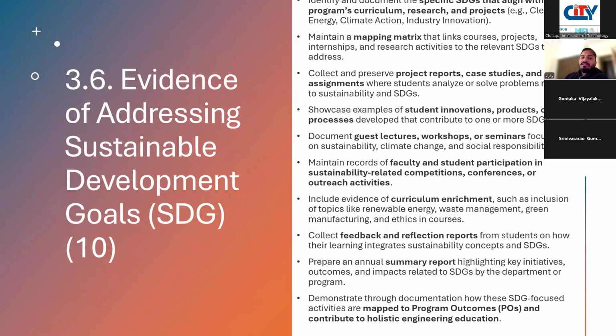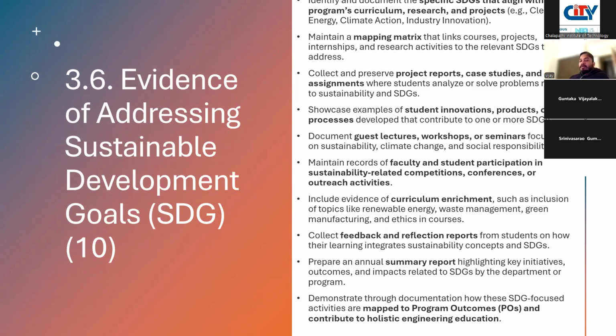Then evidence of addressing sustainable development goals. See your project work, internships, seminars, industrial training, if you are sure of those things being mapped to sustainable development goals, then how are you evaluating these sustainable goals? Are you asking any question with respect to continual internal assessment?